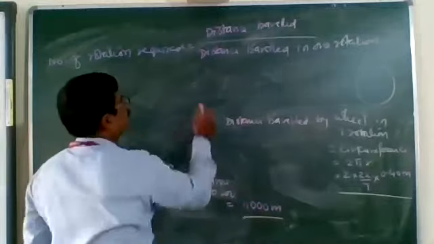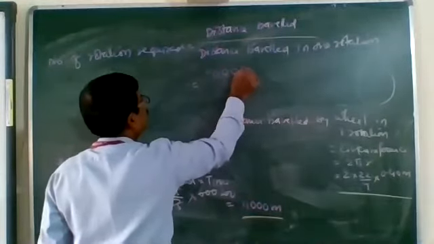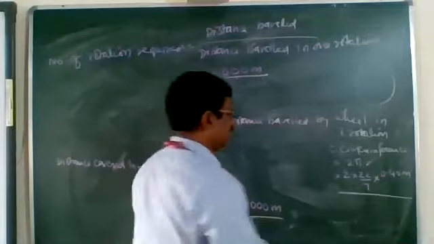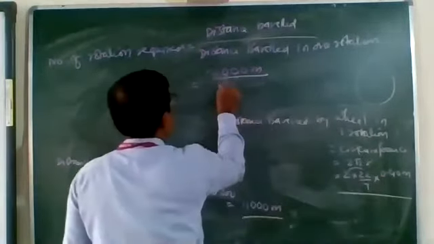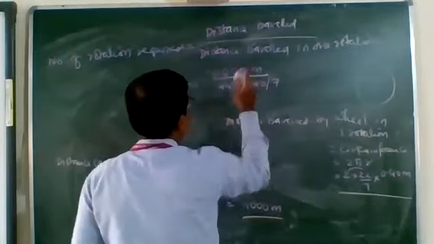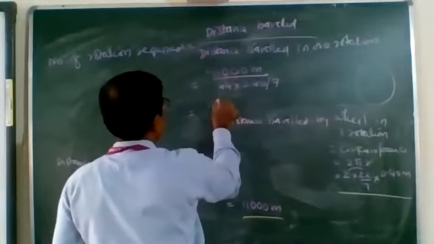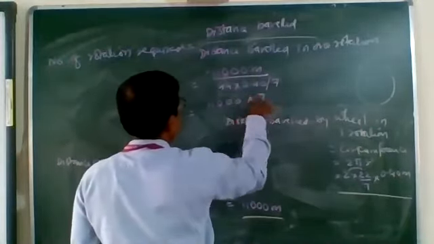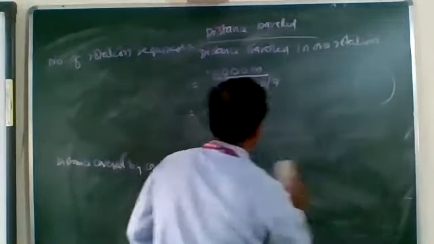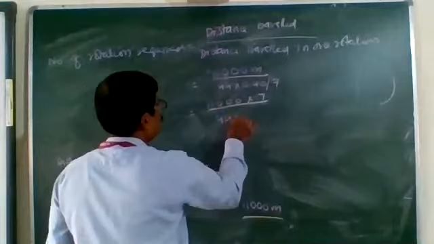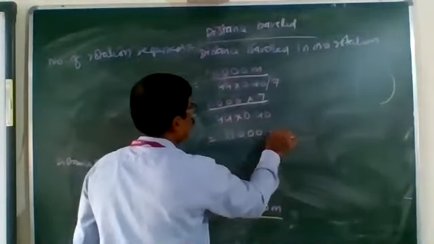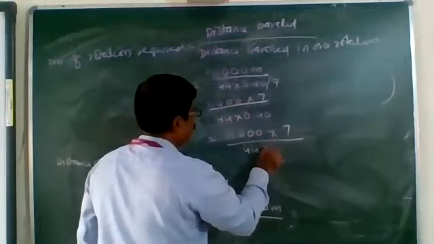Distance traveled by the wheels of the car is 11,000 meters, divided by the distance traveled in one rotation, which is 44 into 0.40 upon 7. 7 will go up and it becomes 11,000 into 7 upon 44 into 0.40. Do the calculation: 11,000 into 7 upon 44 into 40.